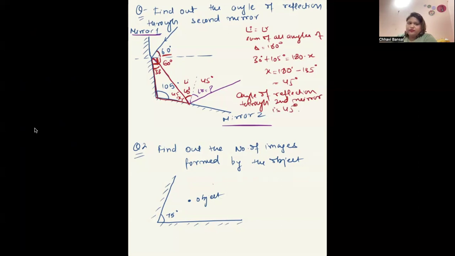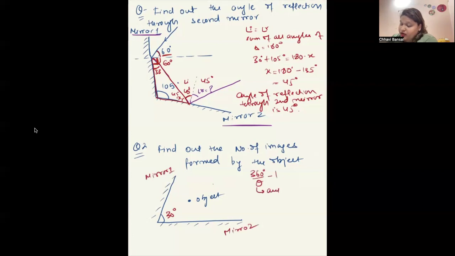Let's see the next question. In the next question, let's keep this angle as 30 degrees. Okay. Now, what are we given? We are given two mirrors, mirror 1 and mirror 2. Both the mirrors are making a 30-degree angle to each other, and there is an object placed in between. We have to find the number of images formed. Such questions can be done by the formula 360 degrees over theta, minus 1. What is theta?